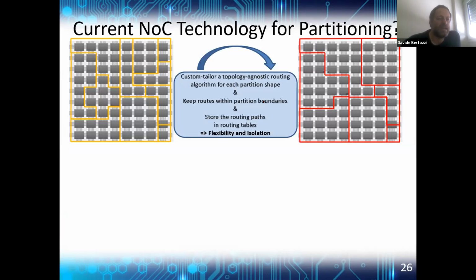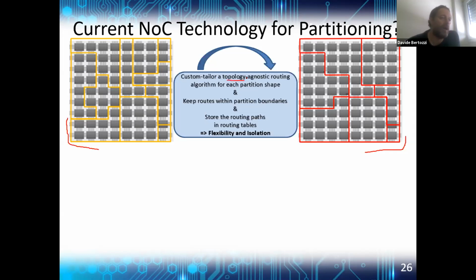So at runtime, we may have to move from this partitioning pattern to these different partitioning patterns, where some applications have gone, some other applications have come, or existing applications have been resized. So how would you handle that? First of all, we need to use a topology agnostic routing algorithm.